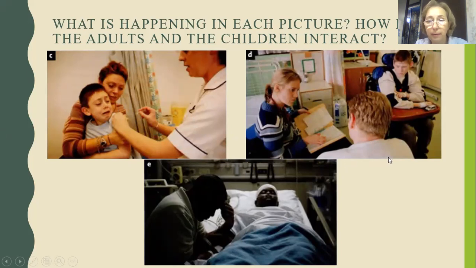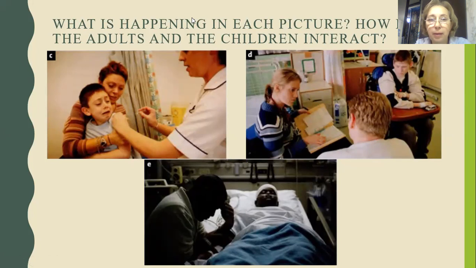Now picture D. In picture D, it seems like the doctor is showing the medical history. Yes, they're talking about the child's condition to the parents. Maybe he has some type of fracture, an injury on the hand.